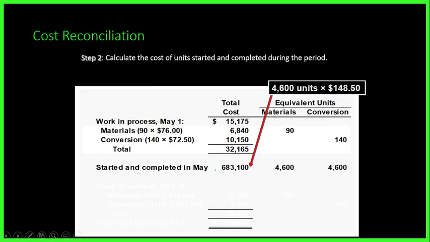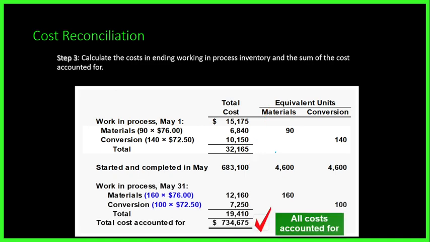Okay, so this is now your started and completed in May. Okay, so you have 4,600. Dapat alam natin kung saan nanggaling yan. Using weighted average, we use 4,800. Okay, and then you get the percentage of completion, okay, for the ending period. You multiply that with your cost per EUP.